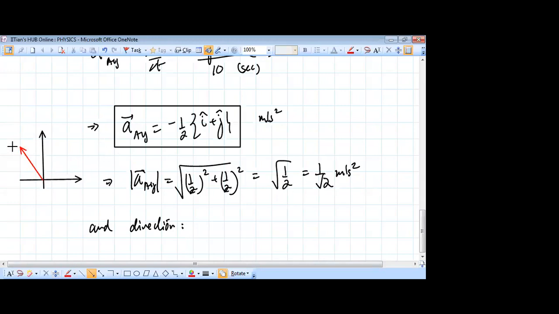It has a negative x component and a positive y component, which are both equal in magnitude, minus half and plus half. So obviously this angle is 45 degrees, and you can see that it is pointing northwest. That is the direction here. Right, so this is clear too.